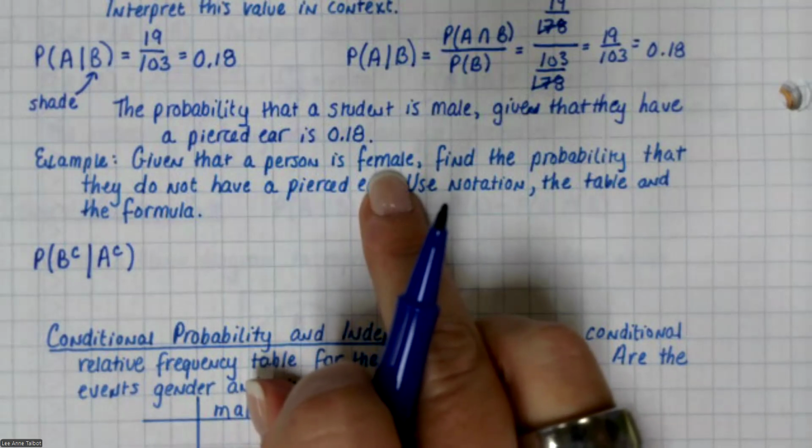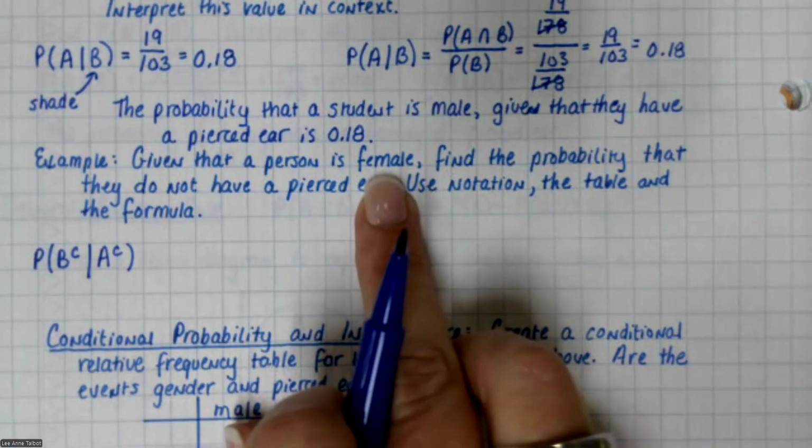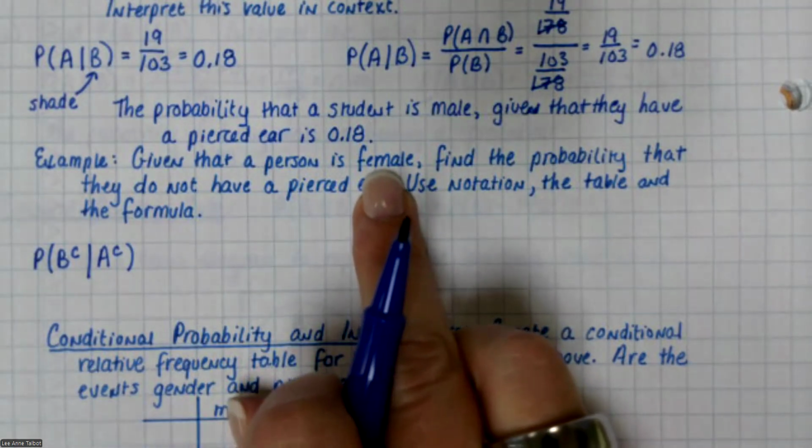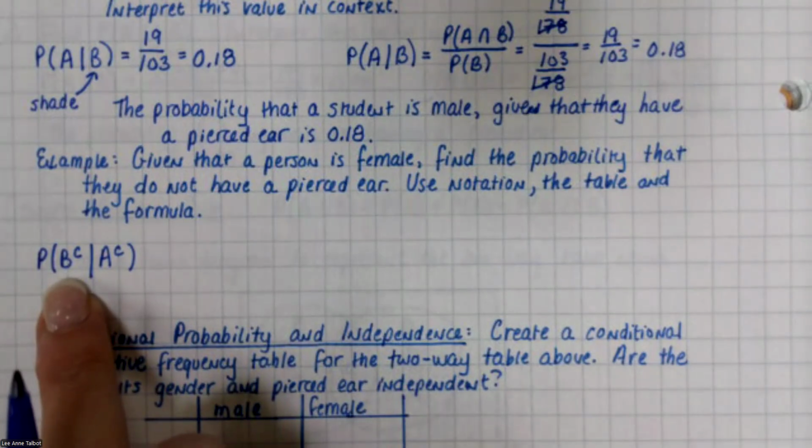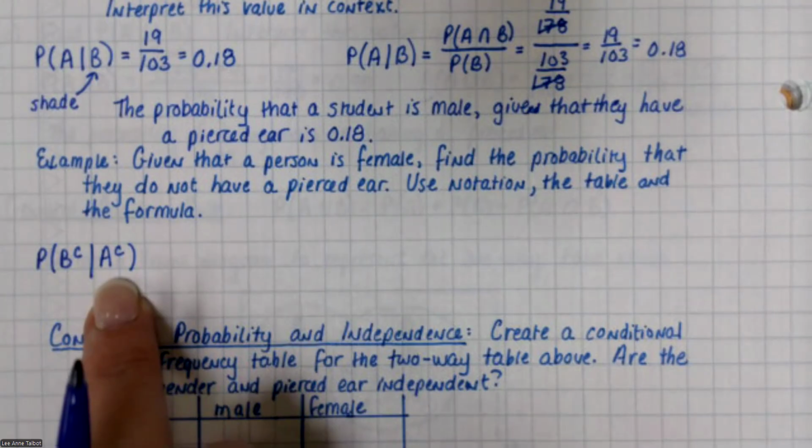Should write this problem the other way around so that the probability of A is female. Okay, so this reads, what's the probability of not having a pierced ear given not male? Are you with me? Okay.